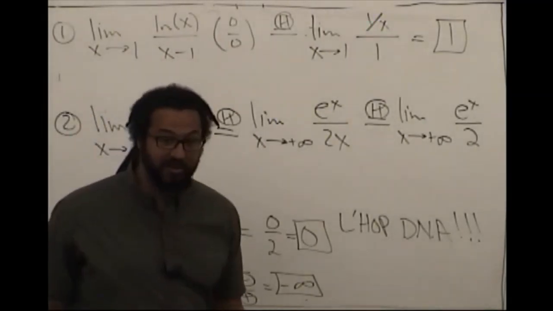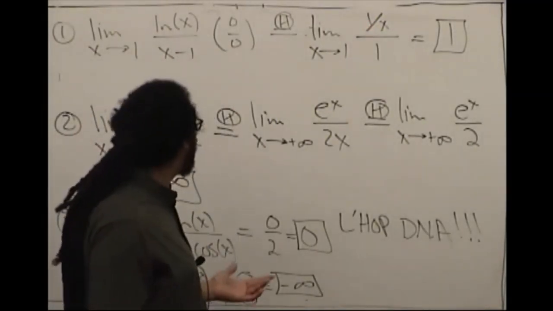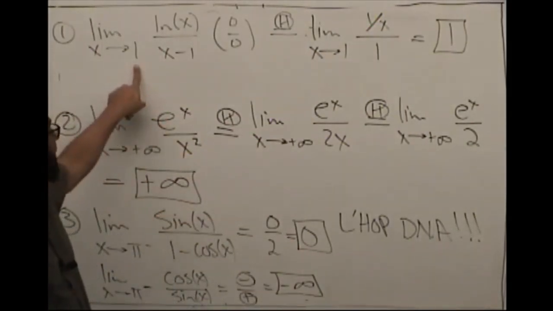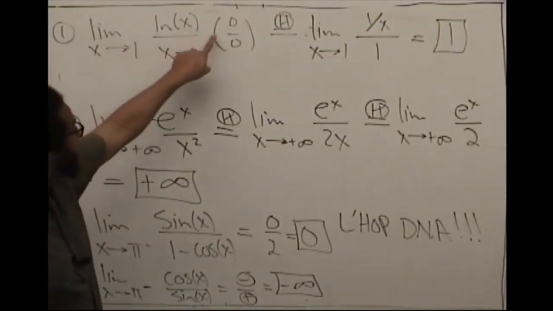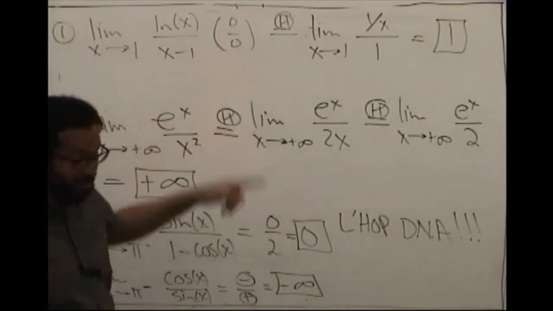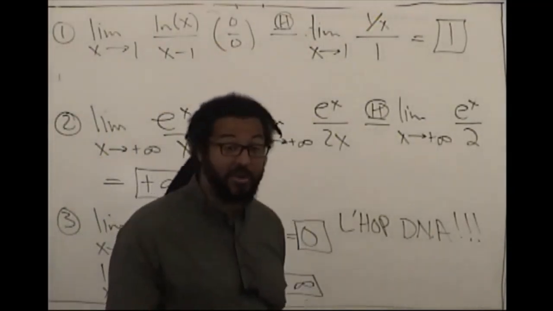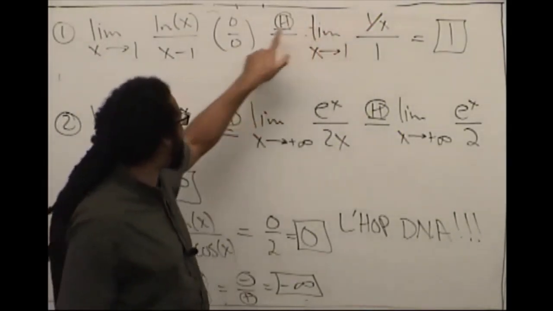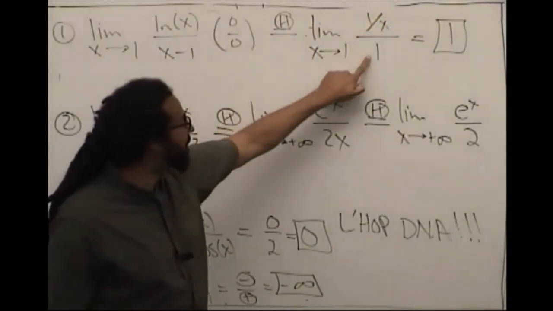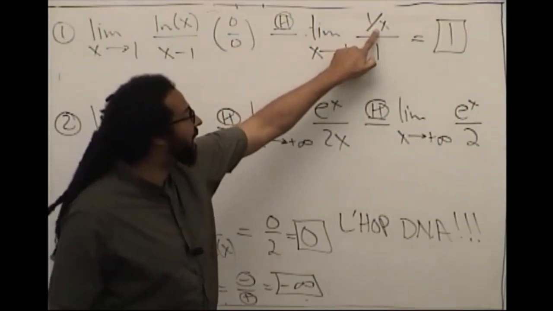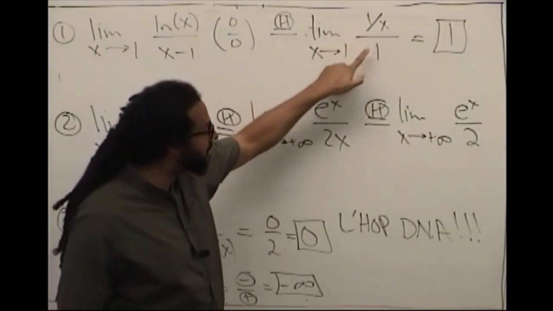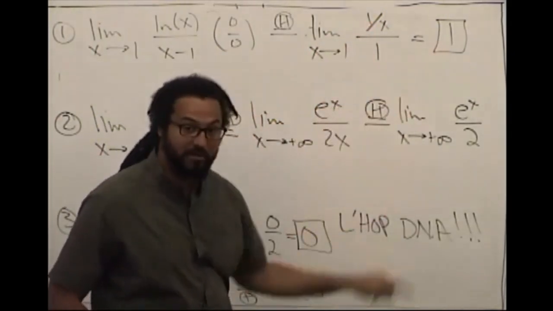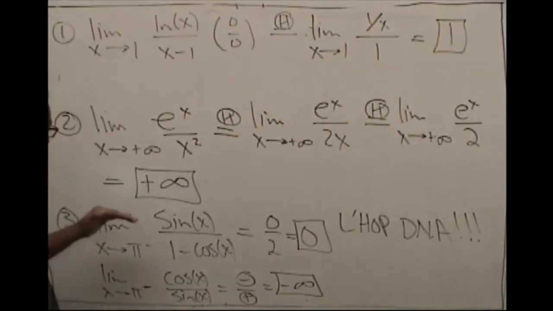Both of these functions are differentiable at the point 1, so we can take the derivative. So we got the good indeterminate form, which means we are allowed to apply L'Hopital's rule. The derivative of natural log of x is 1 over x. The derivative of x minus 1 is just a 1. Now you can plug in a 1, so you get 1 over 1 over 1. That's just a 1, right? Very straightforward business here.